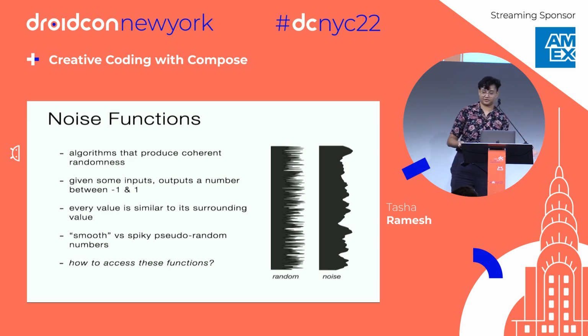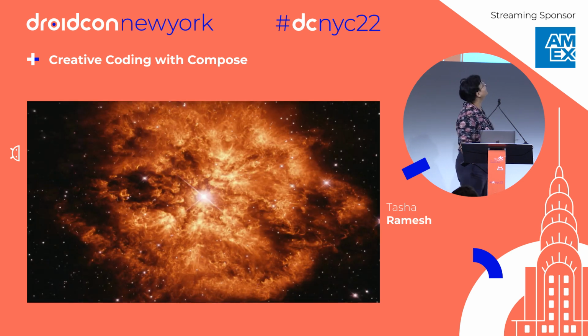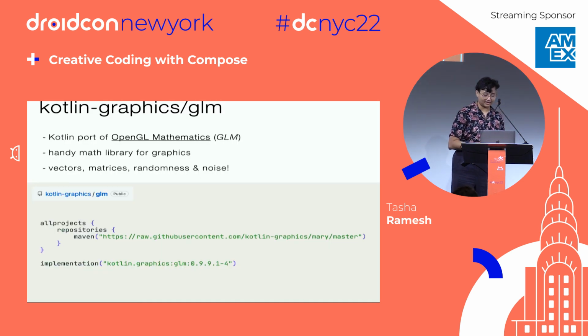But noise functions are insanely complex. They're like 2,000, 3,000 lines of code. You don't want to write them by hand. You want to use something that's probably already out there, something someone has already built. So while I was looking for a library that I could use these noise functions with, I came across this amazing library called GLM. And it is the Kotlin port of OpenGL Math. And OpenGL Math is basically what you would use for some crazy graphics programming and things like that.